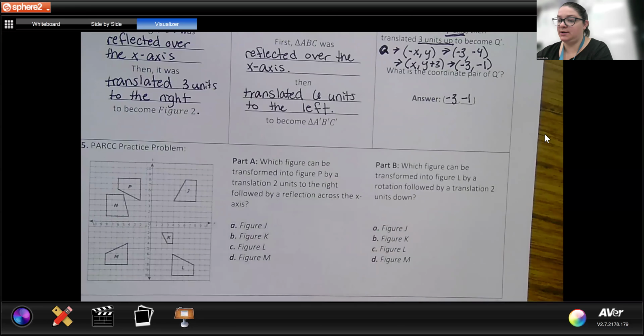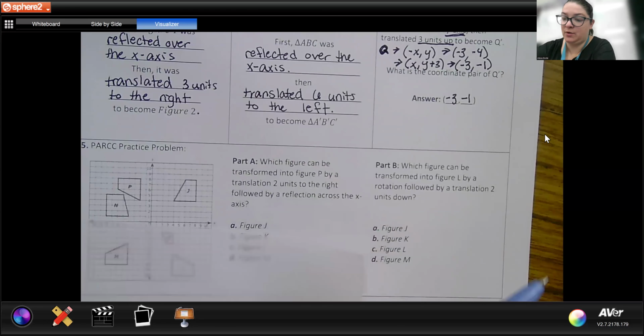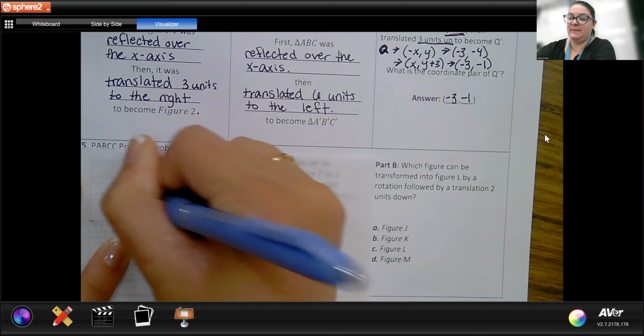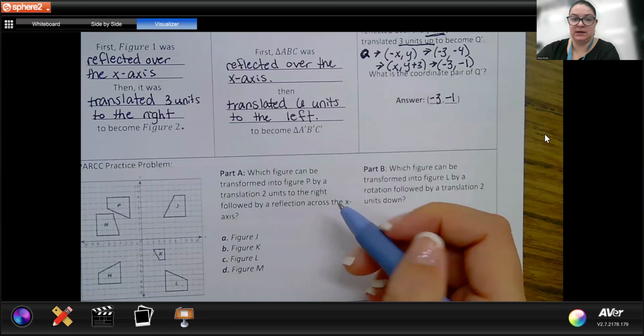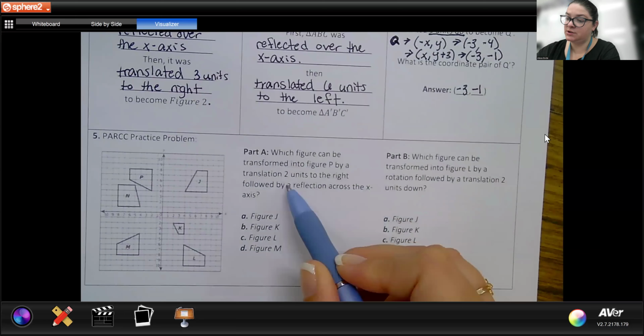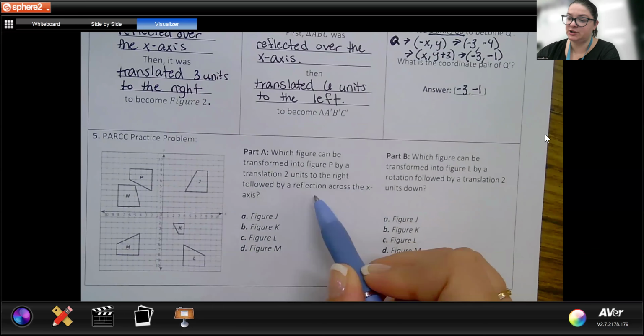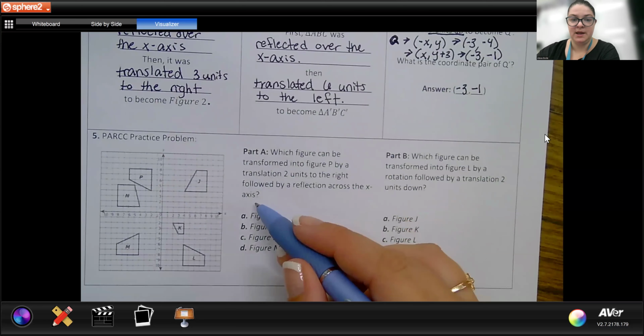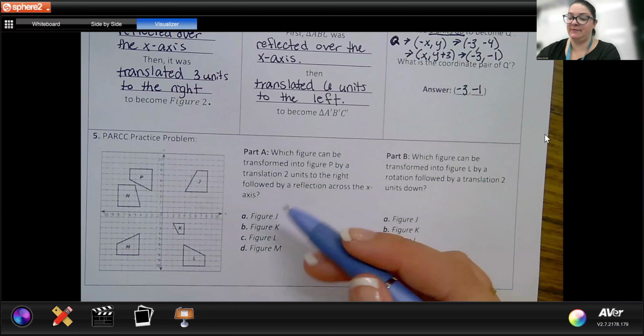So I want to go backwards. I'm looking at P, and I am going backwards in this problem. So instead of going 2 units to the right, followed by a reflection across the x-axis, I'm going to reflect across the x-axis first, and then I'm going to go 2 units to the left.